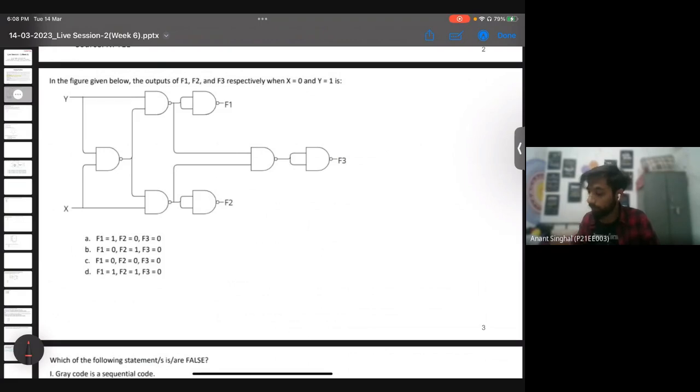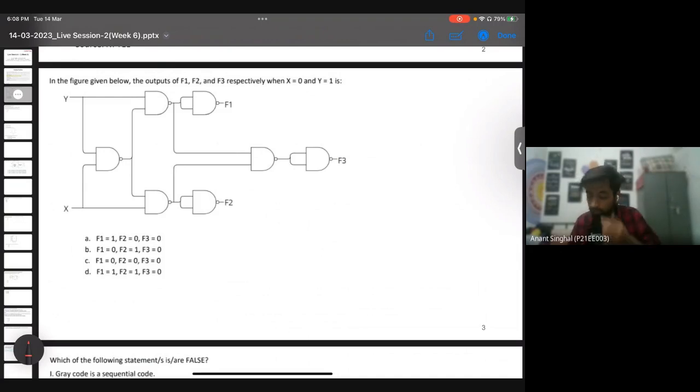This circuit is nothing but a 2-bit magnitude comparator where F1 produces the bit when Y is greater than X, F2 produces the bit when Y is less than X, and F3 produces the bit when Y equals X. This is the basic circuit of a magnitude comparator.